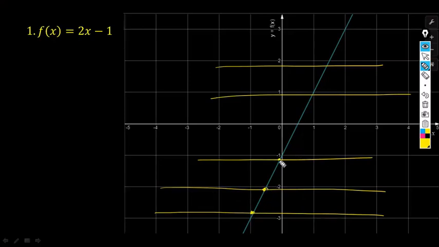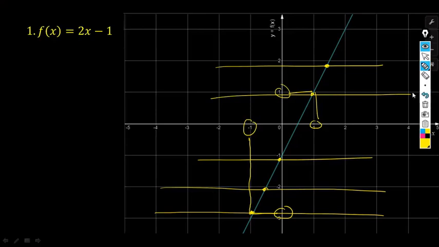That's why this function is one-to-one, because for the output of 1, I only have an input of 1. For an output of -1, I only have an input of -3, and so on.